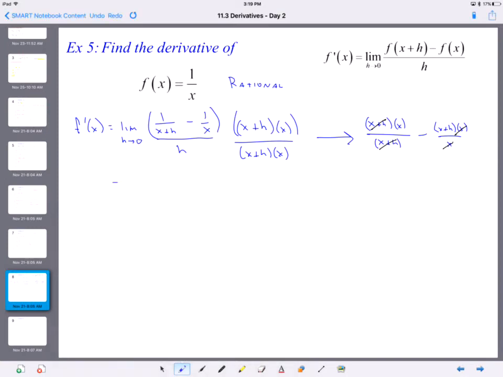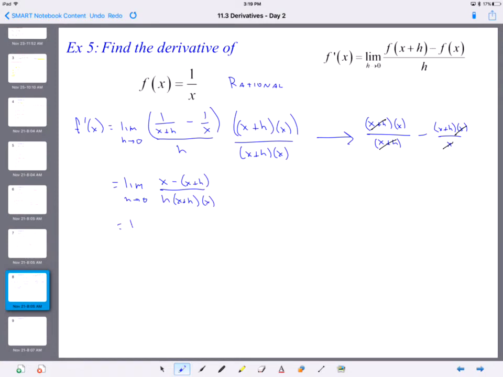So now we have the limit as h approaches 0 of x minus x plus h all over, and then your denominator is h times x plus h, times x.